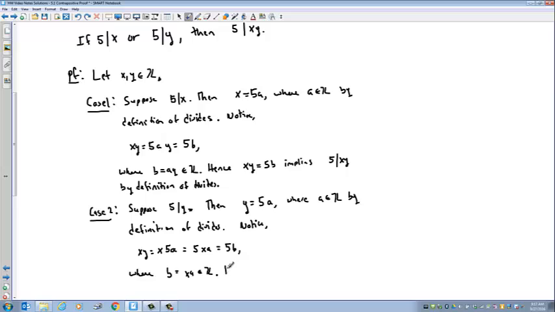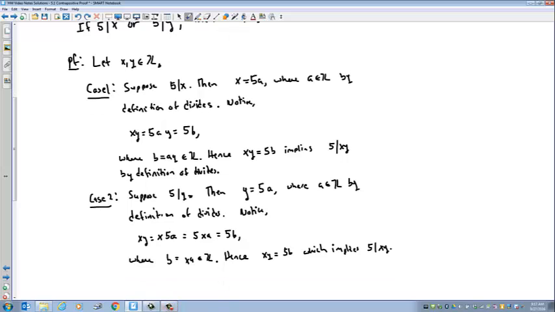So hence, xy is equal to 5b, which implies what? Which implies 5 divides xy. Therefore, by case 1 and case 2, what do we get?